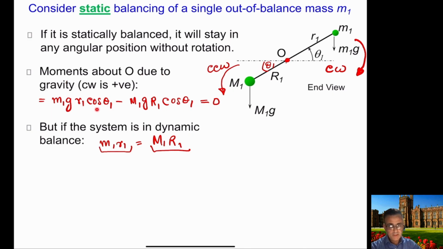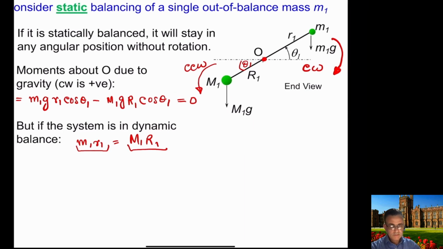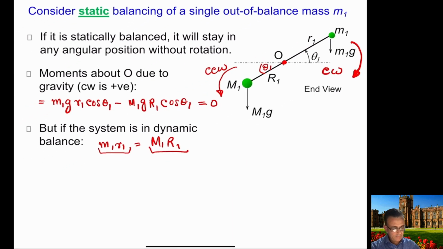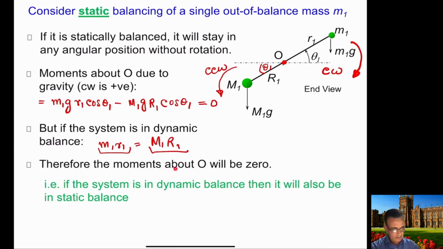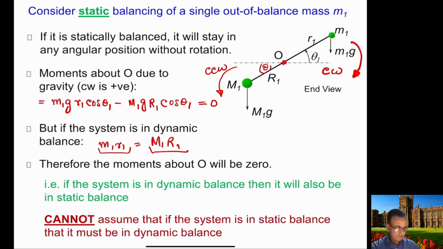So this means that the clockwise moment is equal to the counterclockwise moment. This simply means that the moment about O is 0 if the system is in dynamic balance, so it will also be in static balance. This is a very important point: if a system is in dynamic balance, it is automatically balanced statically.